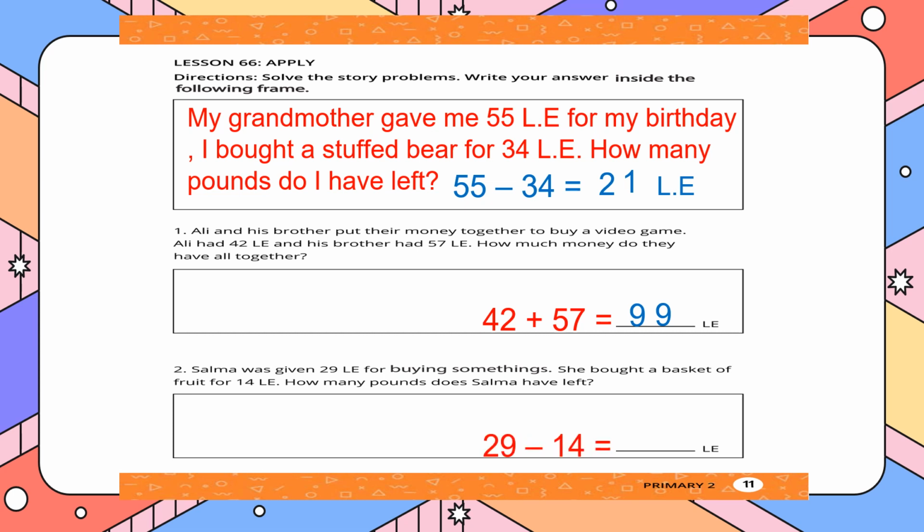So 29 minus 14. 9 minus 4. After 4, 5, 6, 7, 8, 9. How many fingers? 5 fingers. 2 minus 1 equals 1. 15 LE.